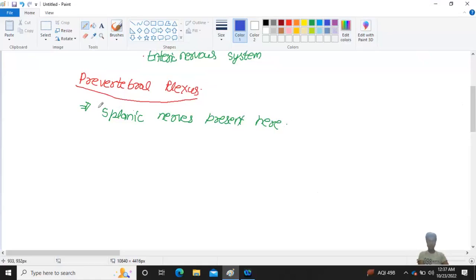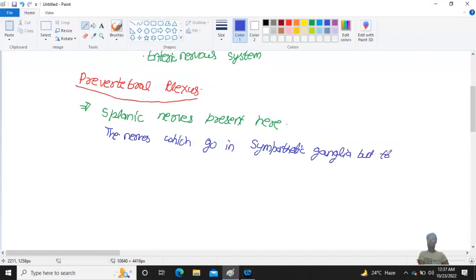You can write: the nerves which go into sympathetic ganglia but do not relay there.